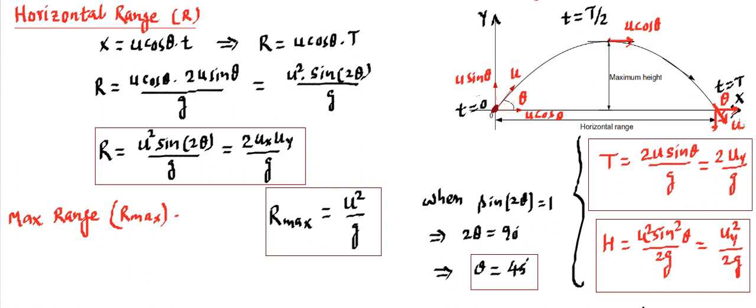So this is also an additional point that you can remember. When it falls back, it has the same magnitude of velocity but different direction. So if the question says whether the velocities are same, you say no, it's the magnitude of velocity which is same. Horizontal component velocity is always u cos theta, and at the top location is only this. That means at the top location vertical component of velocity is 0. So that's an additional point that you can follow.